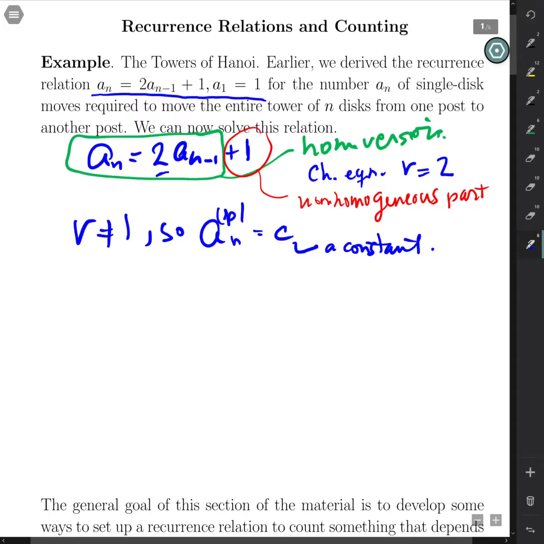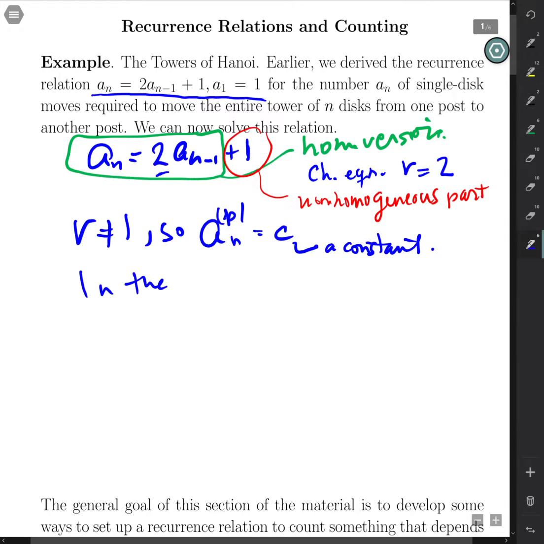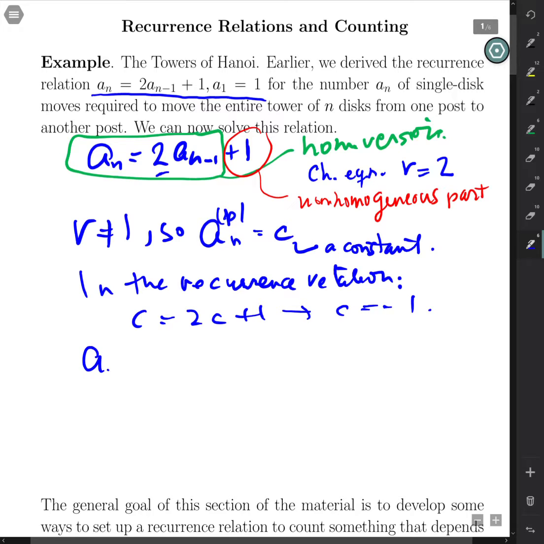And if we plug that into the recurrence relation, we get c = 2c + 1, which is pretty simple to solve and gives us c = -1. And since the homogeneous part has a solution alpha times 2 to the n, where alpha is an arbitrary constant, in other words, no matter what alpha is, that will solve that homogeneous part.